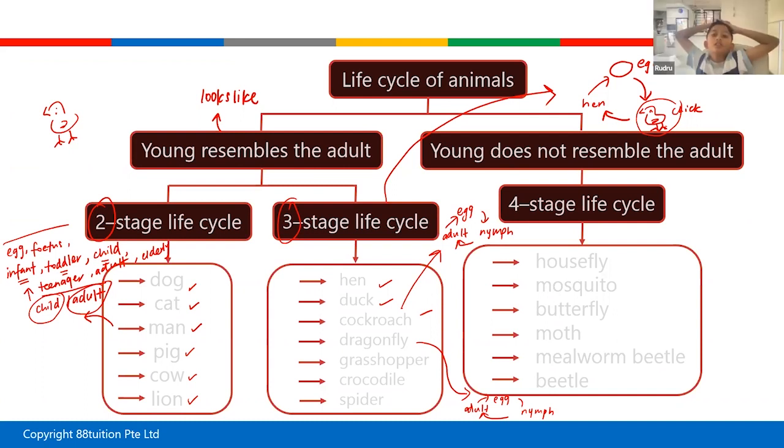In water, yes. And when it grows into the larva and the pupa, the larva and pupa actually live in water. So maybe I'll just show you a life cycle of a mosquito.